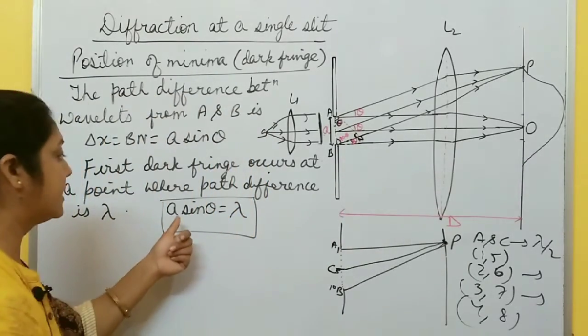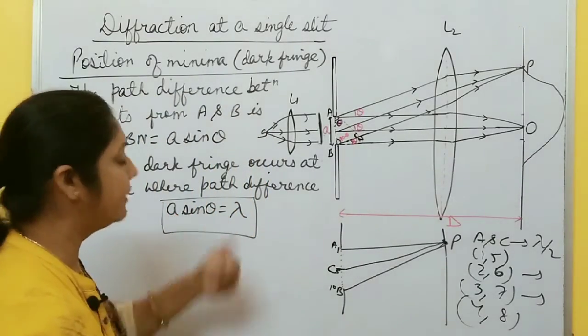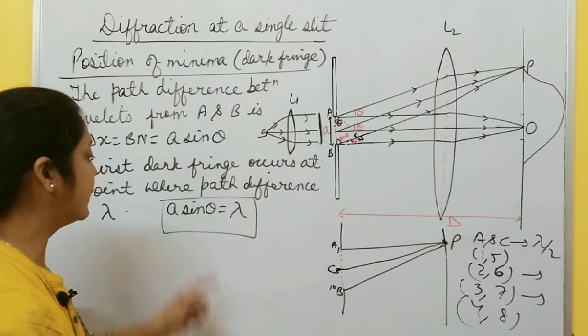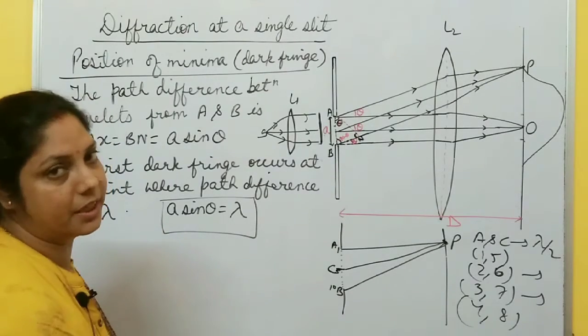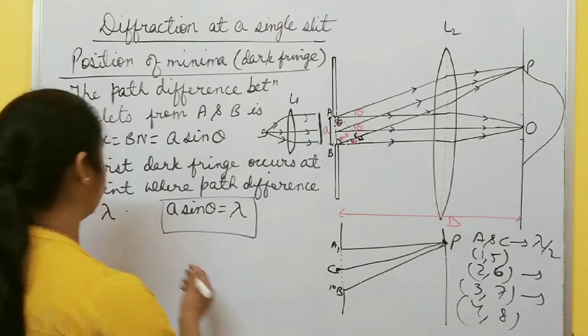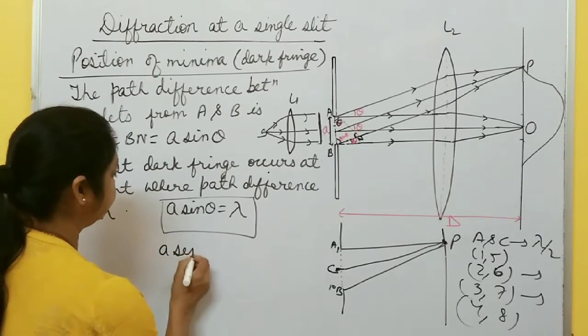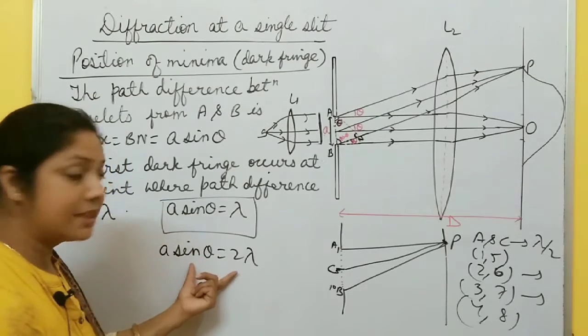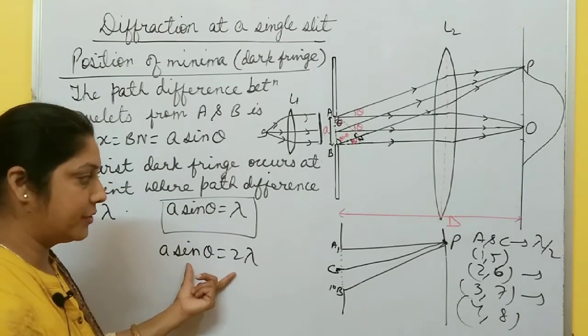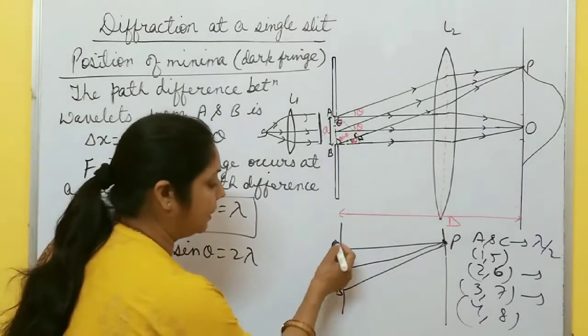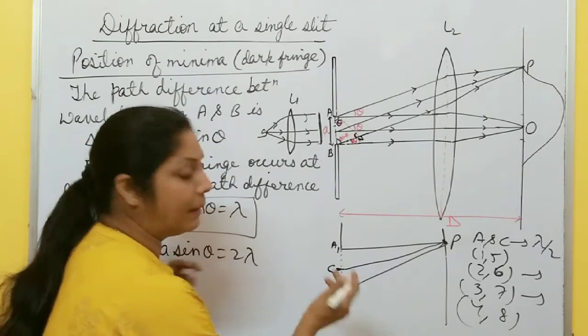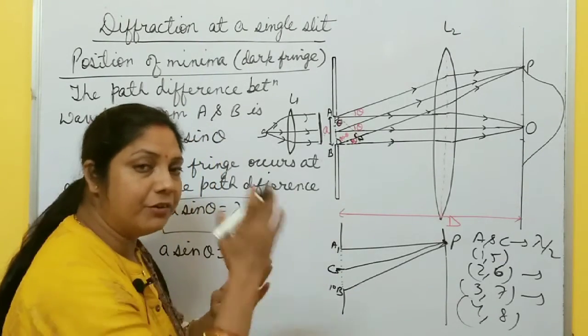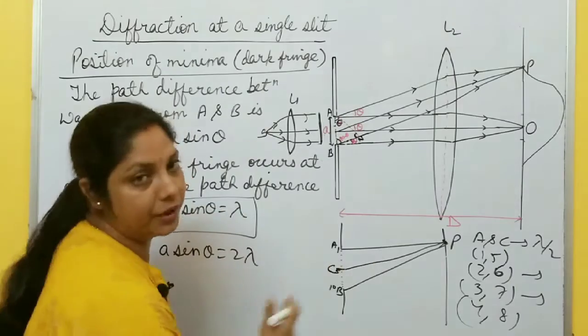So in this way, a sin theta equals lambda is the condition for the first dark fringe. Again, a sin theta equals 2 lambda: at this point the second dark fringe is formed. It means between A and B the path difference is 2 lambda, and you divide the slit into 4 equal parts.